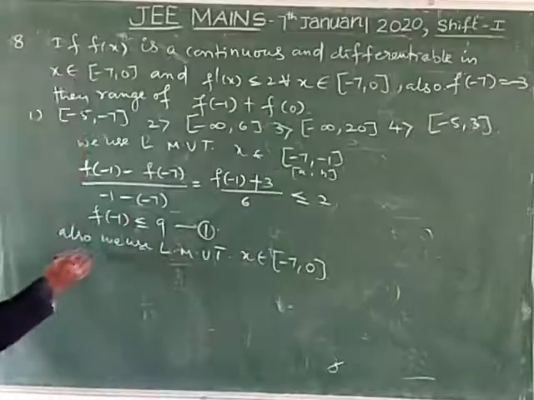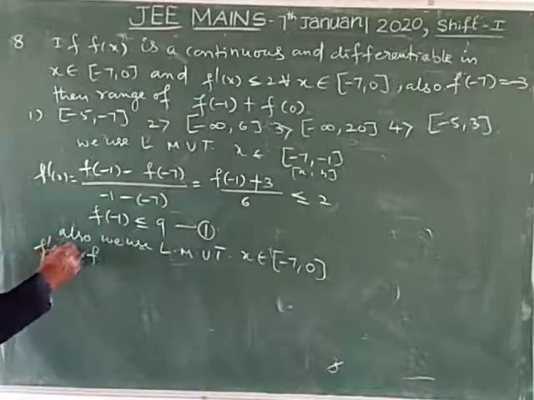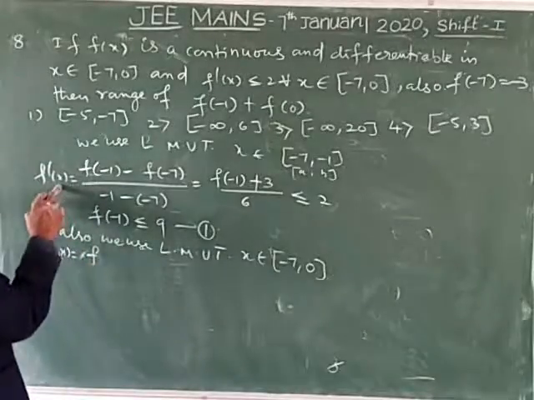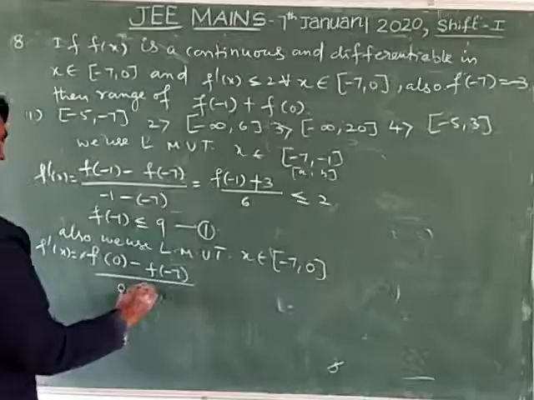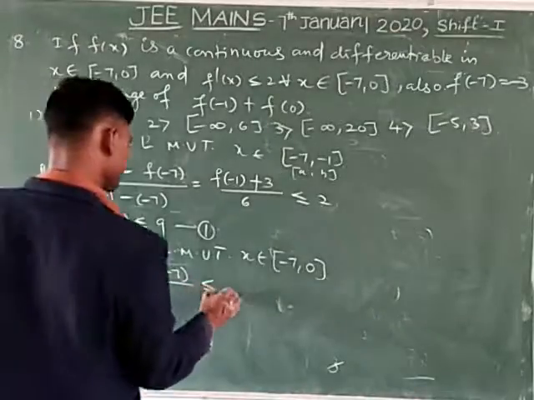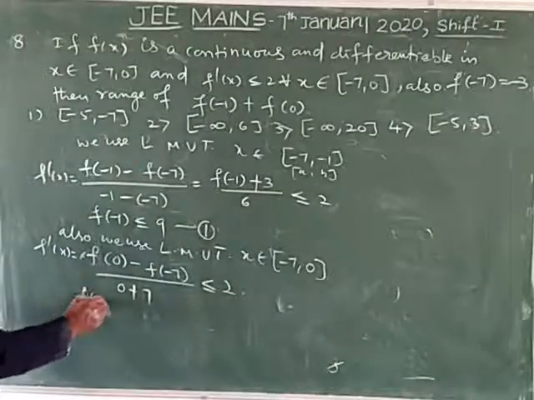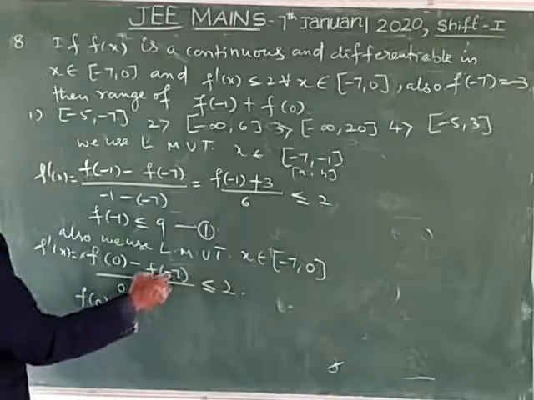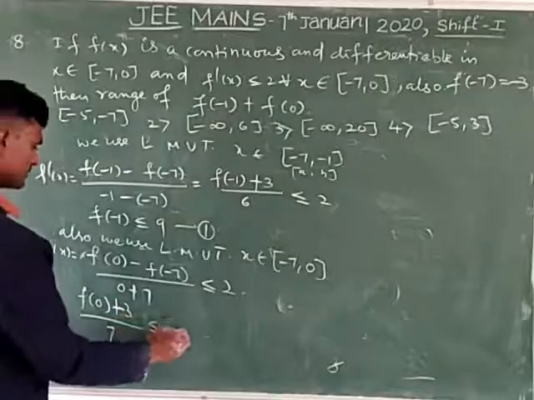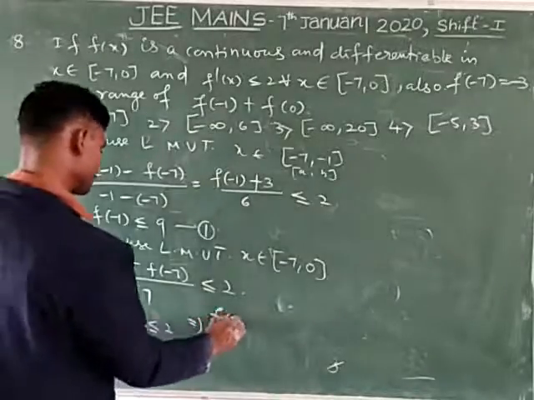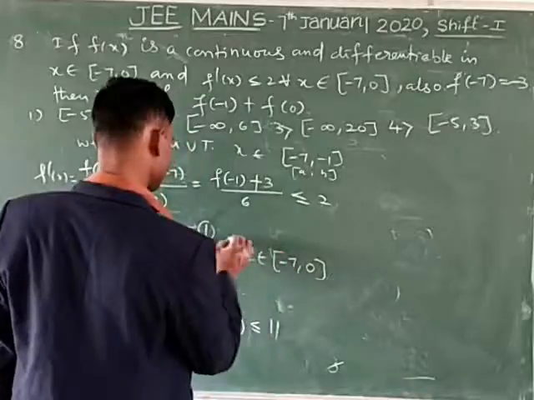Now see here, f'(x) is f(0) minus f(-7) whole by 0 minus (-7), which is also less than 2 for all x belonging to the interval. Here f(0) we don't know, f(0) minus f(-7), which is -3, minus into minus plus, by 7 is less than or equal to 2. Now f(0) is 2 7s are 14 minus 3, 11. This is 1, this is 2.